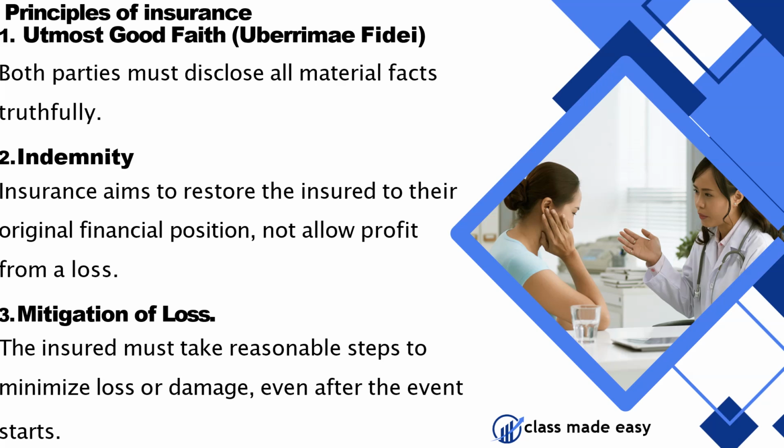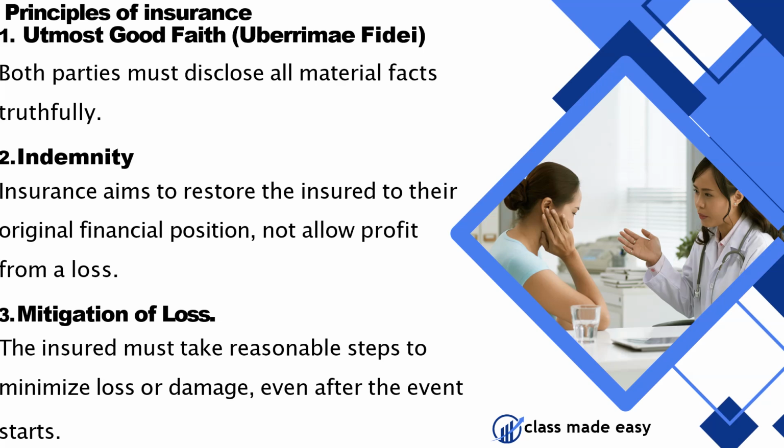And it is not a profiteering kind of contract. It is to bring you back to your original position, to compensate you through what we call the principle of indemnity.